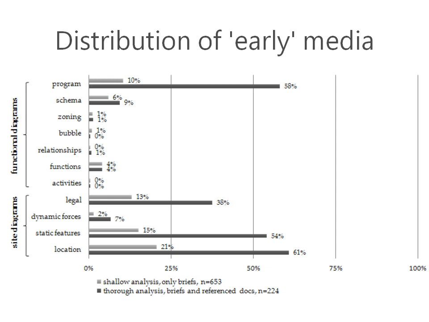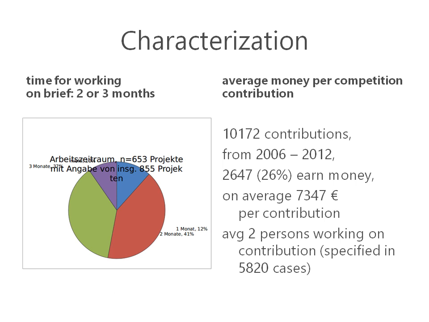So I had in total an analysis of, let's say, 653 plus 224 design briefs done either shallowly or deeply, but the total amount of competitions I downloaded was 10,172 between 2006 and 12. And there I could also scrape the amount of competition money won.